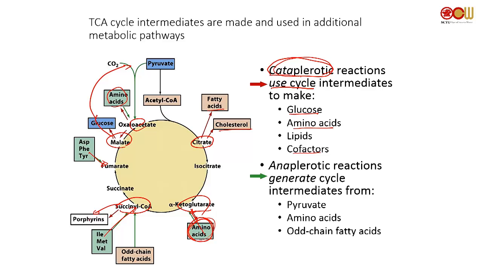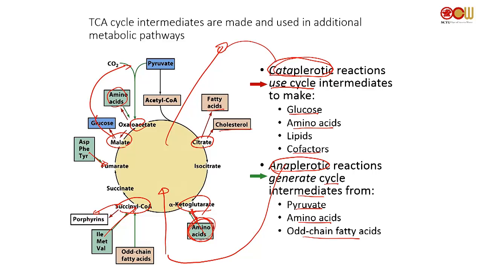That means we need to be able to replenish the intermediates of the TCA cycle, and these are the anaplerotic reactions. They will generate cycle intermediates from pyruvate, from amino acids, from odd-chain fatty acids. Those that generate are anaplerotic. Those that take out are cataplerotic.